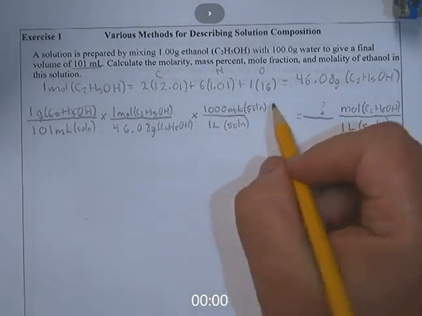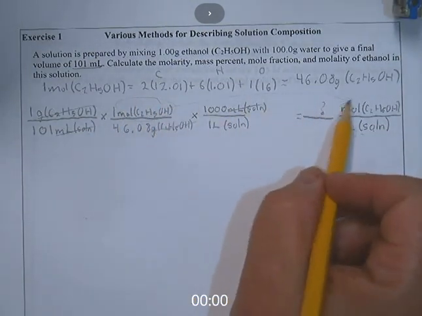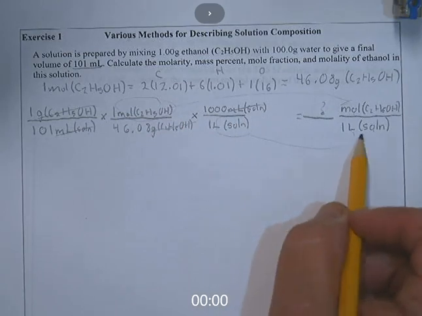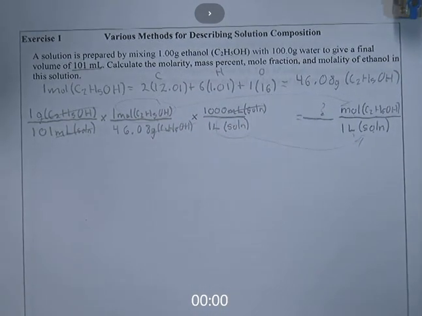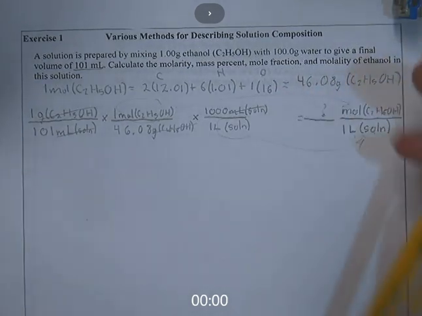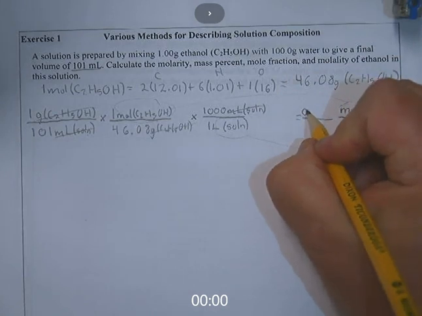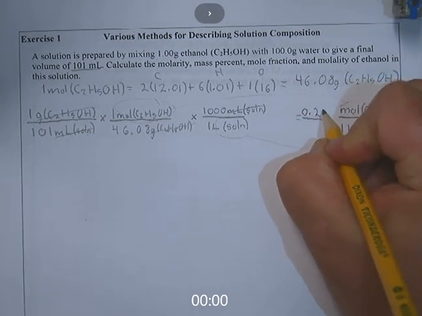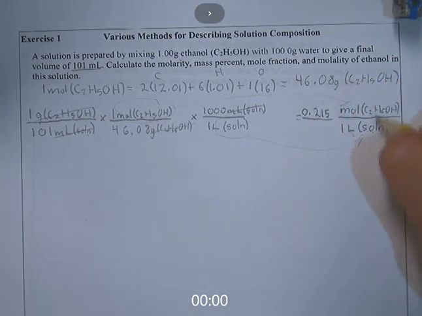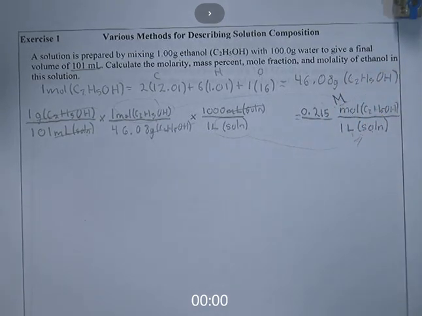Milliliters of solution cancels with milliliters of solution, so I have moles of ethanol and liters of solution, which is what I want. All the units line up properly. So now you crunch your numbers, and you end up with 0.215 moles per liter, or you could call it capital M, molarity.